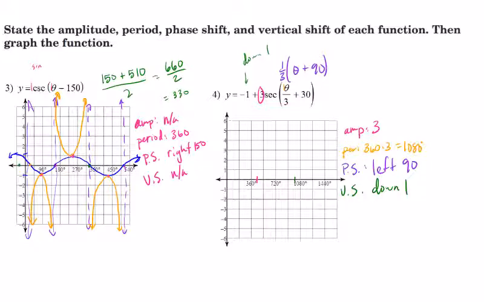And so remember, this is a cosecant, right? So normally we would start at the top. And since our amplitude is 3, we would normally start up here, right on the y-axis. But since we move left 90, we're going to be starting up here a little bit to the left, okay? And so then it's going to go down.